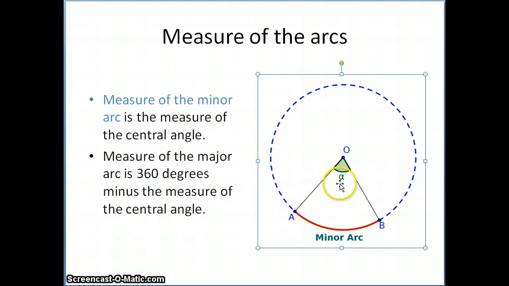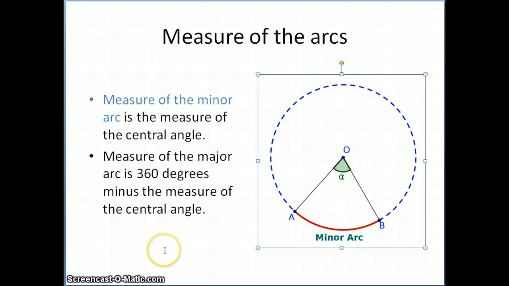Suppose this alpha is 60 degrees, so by the definition the measure of this minor arc is also 60 degrees, and we know the whole circle is 360 degrees, so the rest of it will be 360 minus 60, which is 300 degrees. So the measure of the major arc is 300 degrees if alpha is 60 degrees.